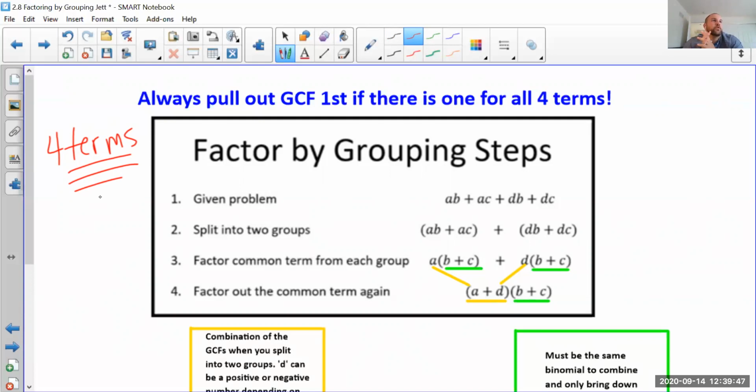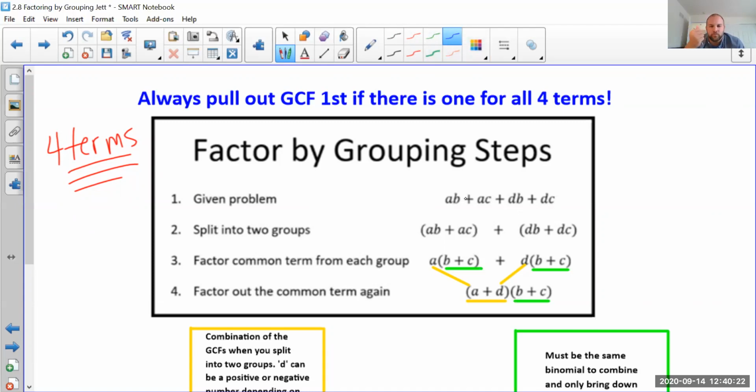So the blue up here says always pull out GCF first if there is one for all 4 terms. That still hasn't changed. No matter what, anytime you're factoring, GCF first if possible. From there, we have this format here: A times B plus A times C plus D times B plus D times C. Just a little format to show you what's going on.